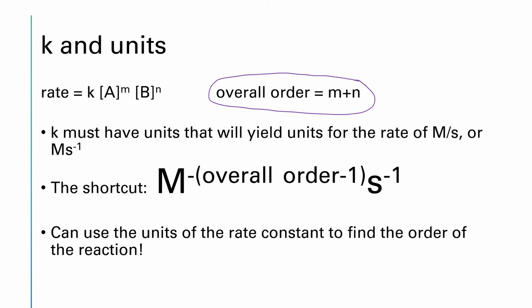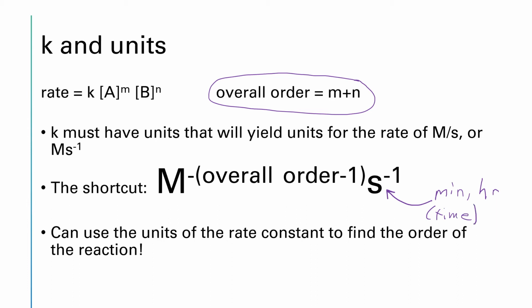And so the units will be molarity to the minus 1 less than the overall order, and then your time to the minus 1. Most of the time in these reactions that we're looking at, the time is seconds, but it could also be minutes, hours. It just needs to be some sort of time unit.